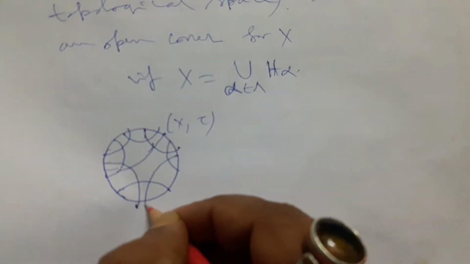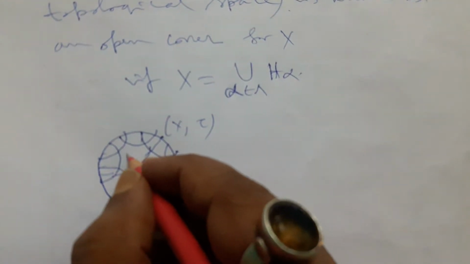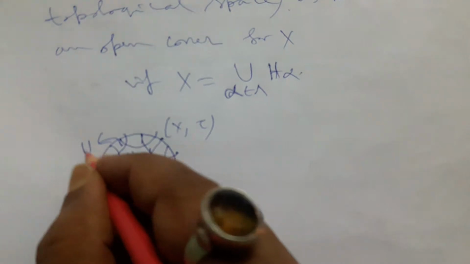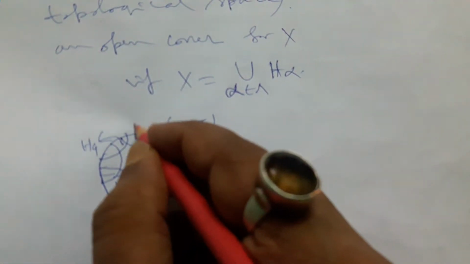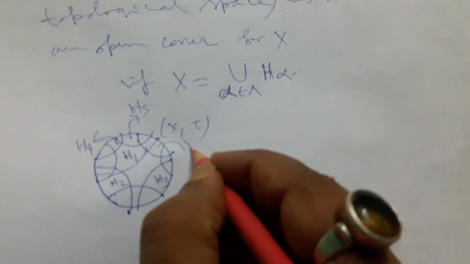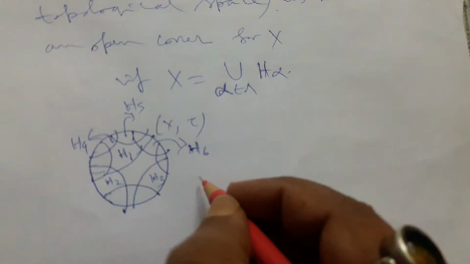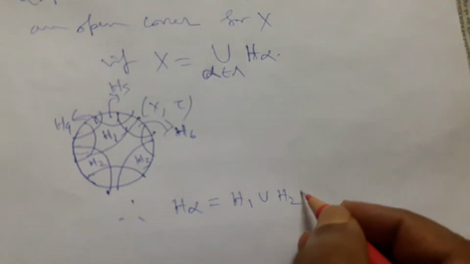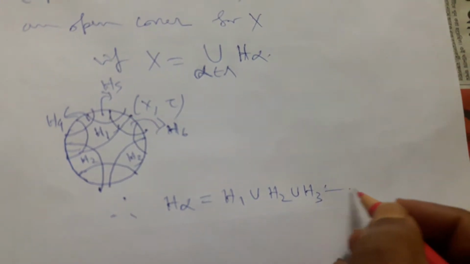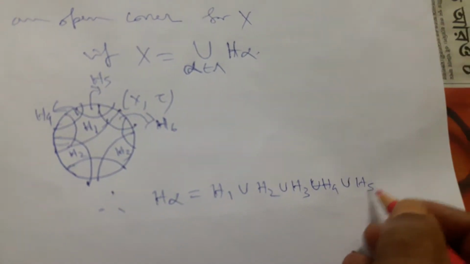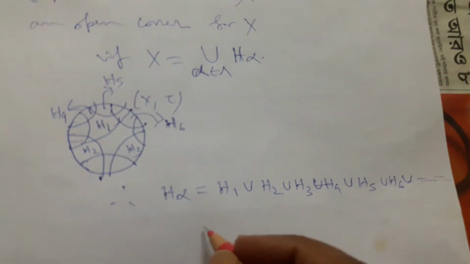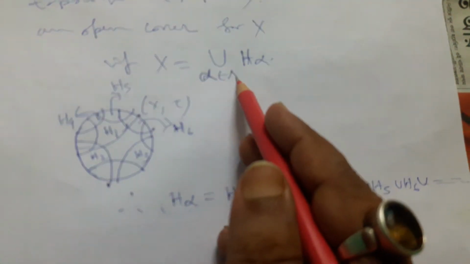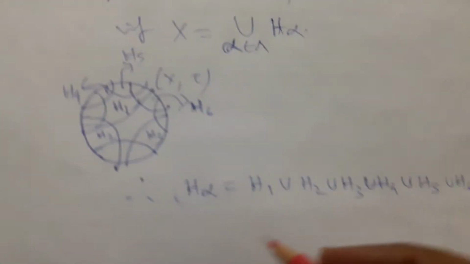This is the arbitrary definition. If we say different elements like H1, H2, H3, H4, whatever they may be, arbitrarily defined, H5, H6, etc., and if this H alpha is formed as the union of H1 union H2 union H3 union H4 union H5 union H6 and so on, we don't know how far, and this is the covering, where the index set is arbitrarily defined, and this is totally covered.